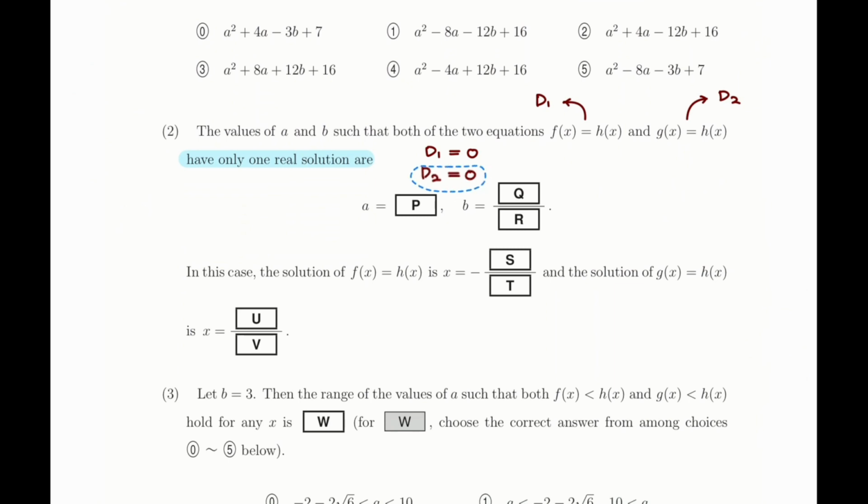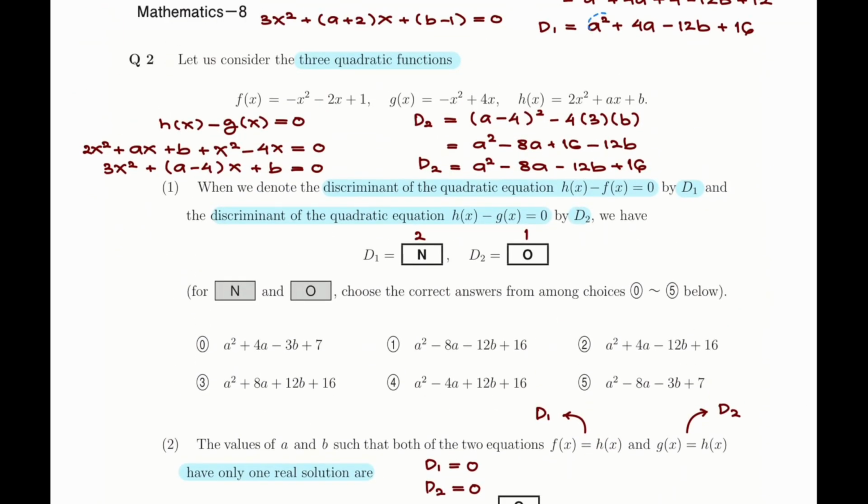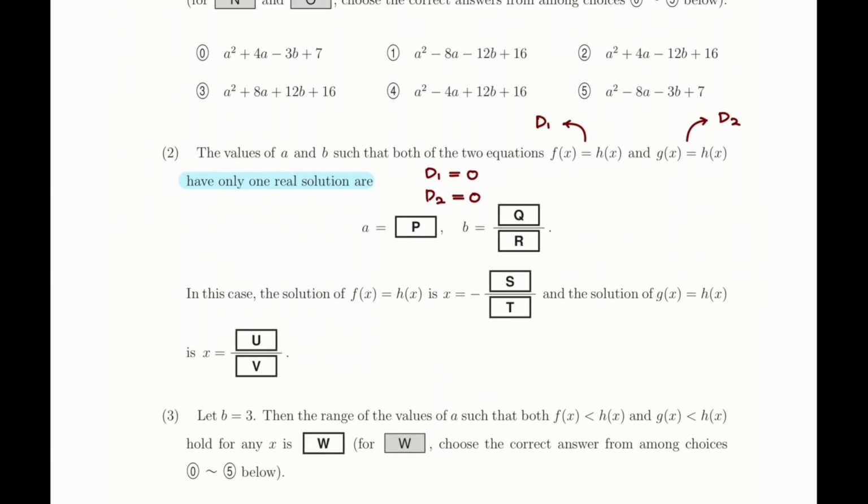From these two equations, I think we can find a and b. I already found D1. D1 is a squared plus 4a minus 12b plus 16. This is my D1. So D1 is equal to 0.